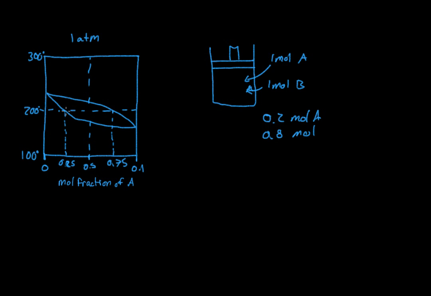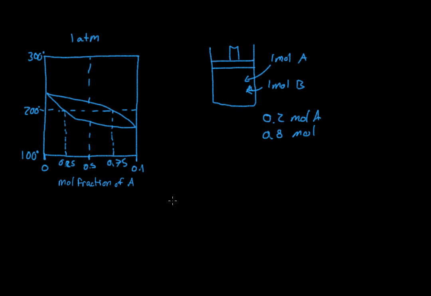And when it's pure liquid, it will be just the entire system, because the entire system is a liquid, so it will be 0.2 moles of A and 0.8 moles of B. But when you're at 200 degrees and you have a liquid phase that is between 0.25 and 0.75 mole fractions of A, the liquid will always have a mole fraction of 0.25, and the vapor will always have a mole fraction of 0.75 of A.